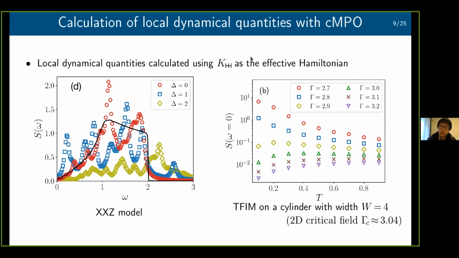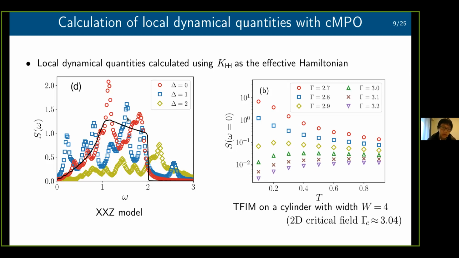Unlike the thermodynamic calculation, the real-time dynamics result is not so satisfactory, at least for these large omegas, the large frequencies. Here is again the simulation result in the XYZ model, and you can see there is an inconsistency between the exact solution and the numerical simulation results.